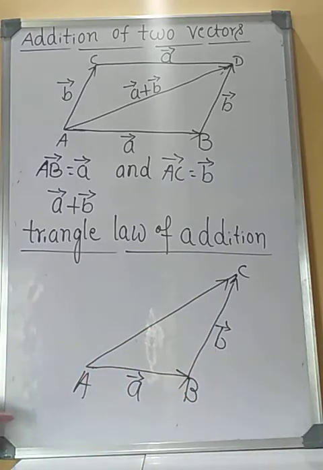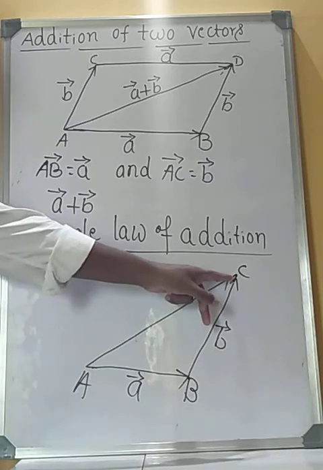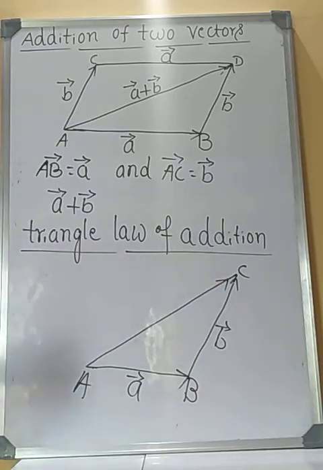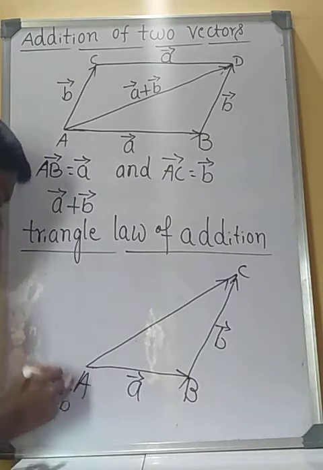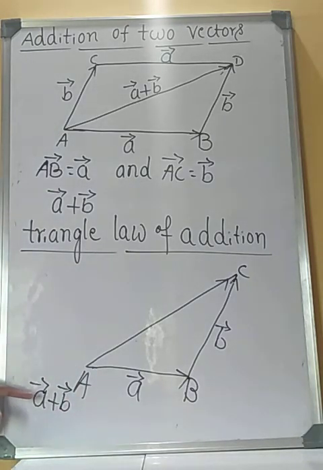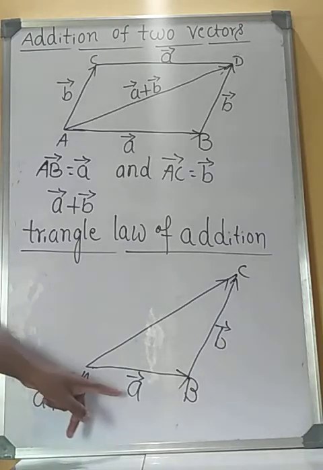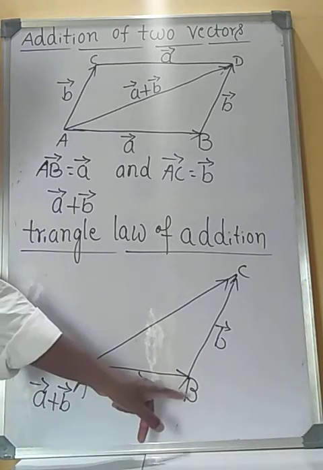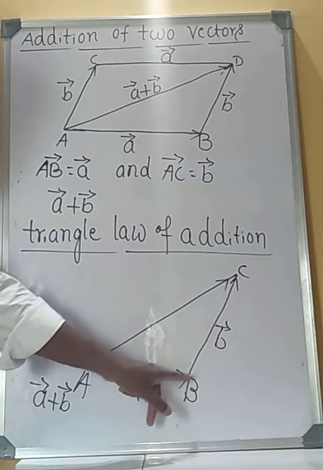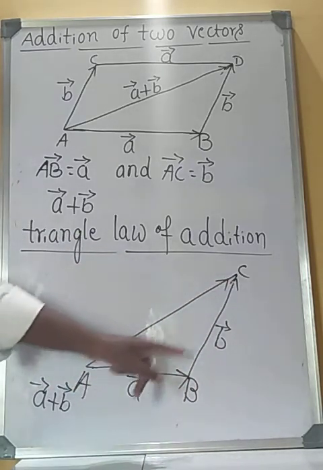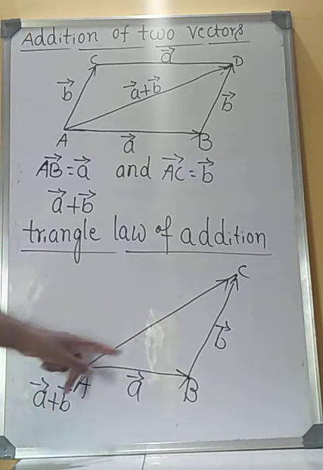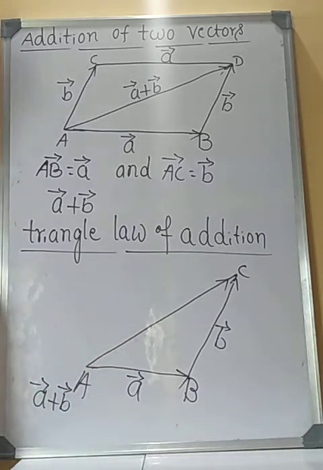The vector AC is called the sum, vector A plus vector B, of the vectors A equal to AB and B equal to BC. This process of addition of vectors is known as the triangle law of addition.